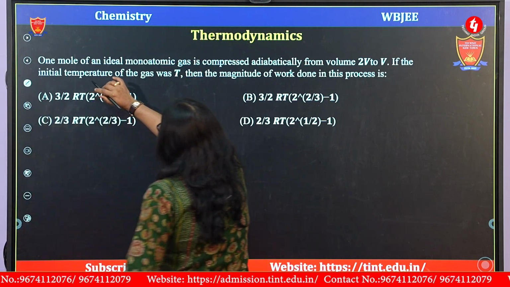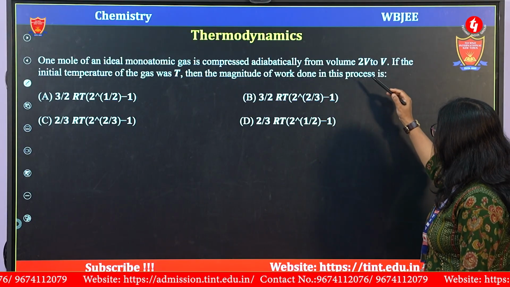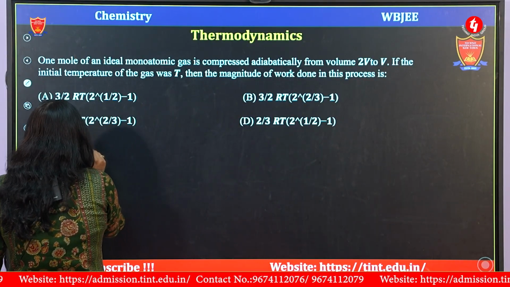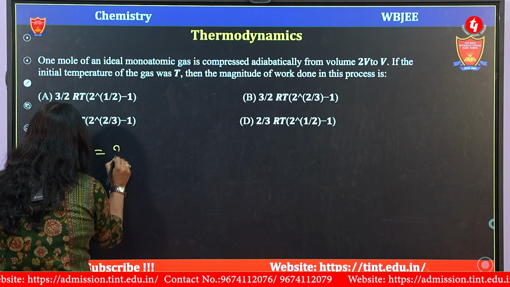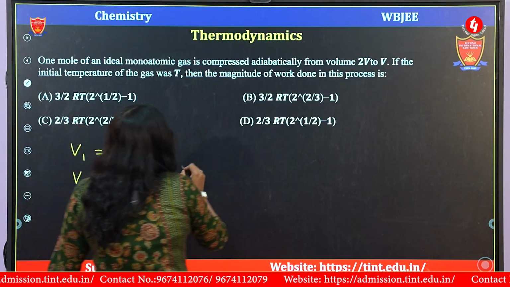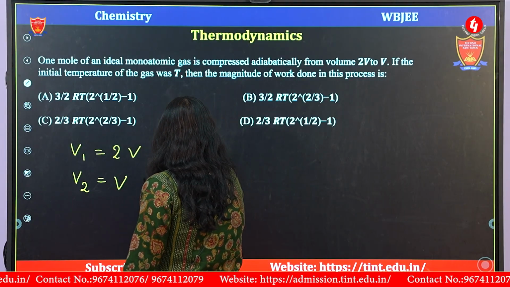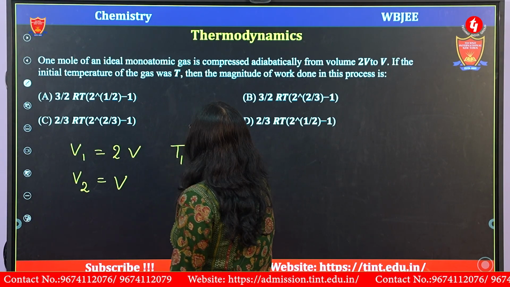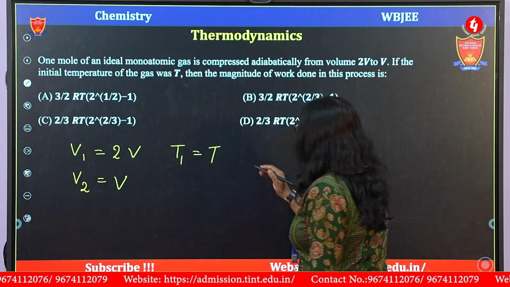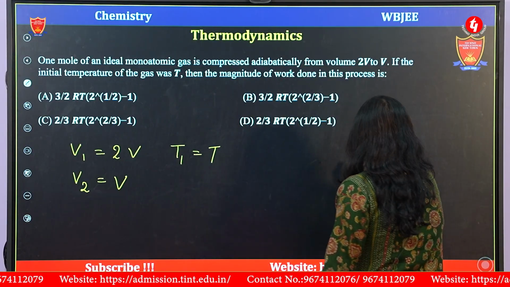Next question. 1 mole of an ideal monoatomic gas is compressed adiabatically from volume 2V to V. So, we can write initial volume V1 is equal to 2V and final volume V2 is equal to V. If the initial temperature of the gas is T, so initial temperature T1 is equal to T, then the magnitude of work done in the process. How do we get work done? Work done for an adiabatic process.